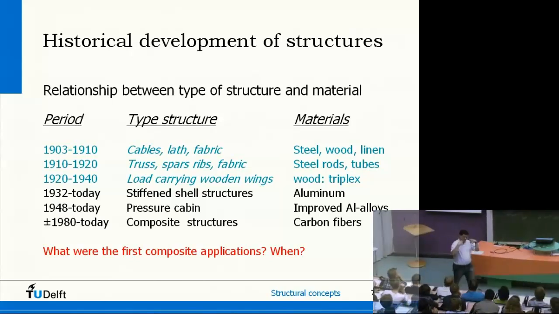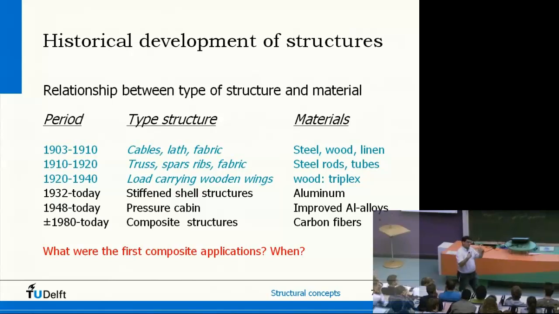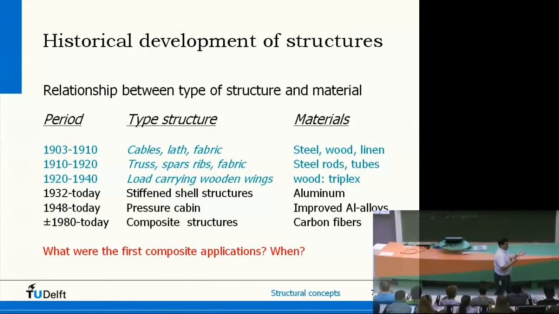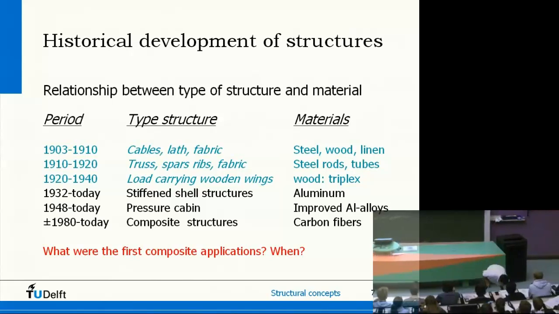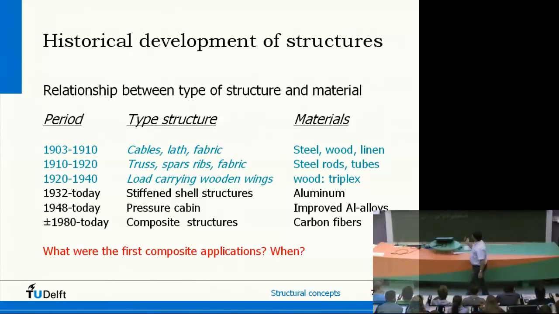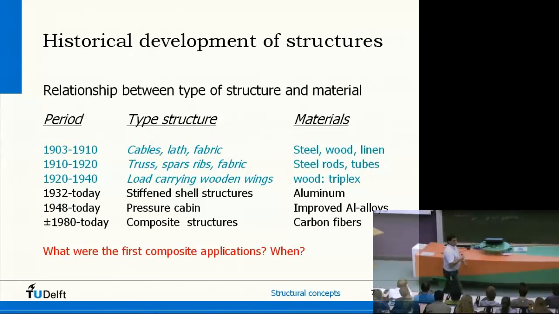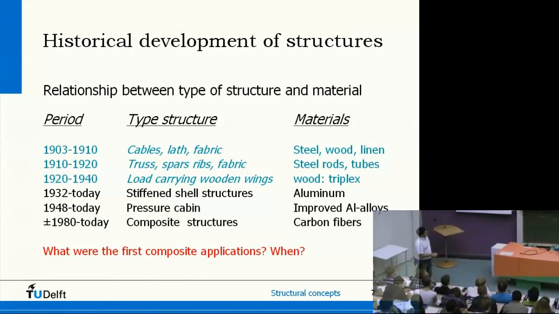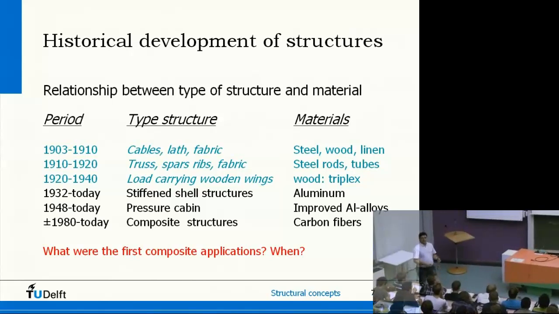You can already see the connection between the material used and also the shape. Okay, so you will see that also here again, that sometimes you have materials like steel tubes, and then you think about truss structures. We will see them in the next slides.